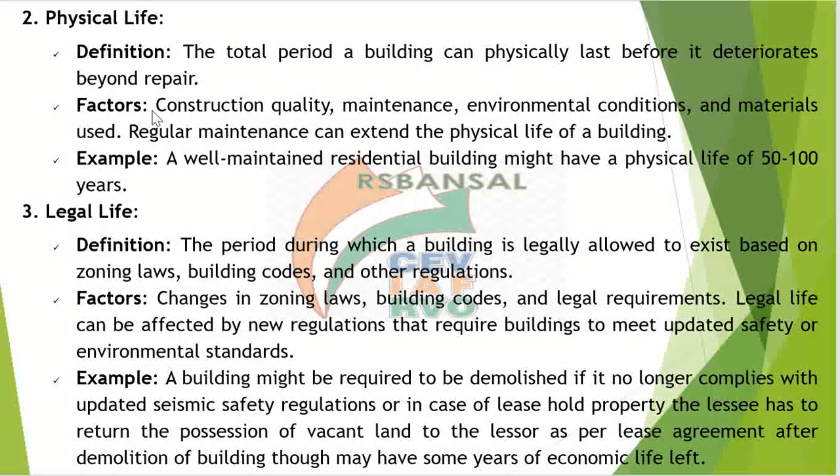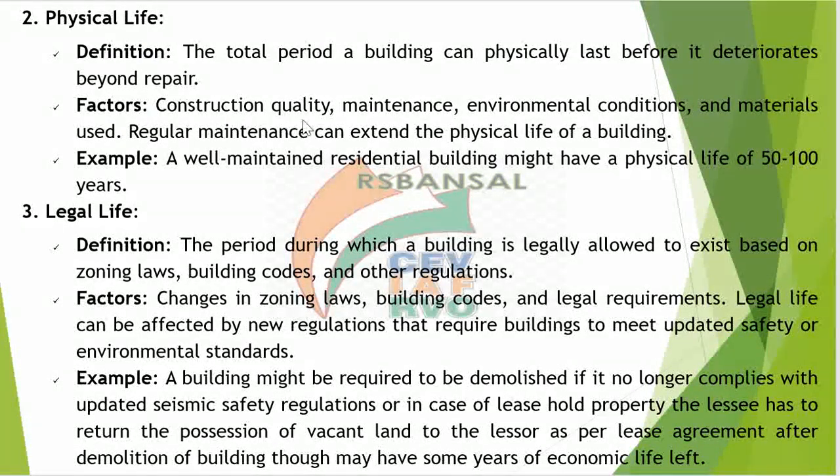It may not be economically viable, but it can be used safely. But a time will come when it is not possible to use it safely. It may harm the inhabitants anytime. So we say that its physical life has come to an end, that it deteriorates beyond repairs.